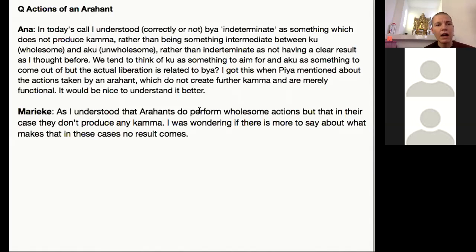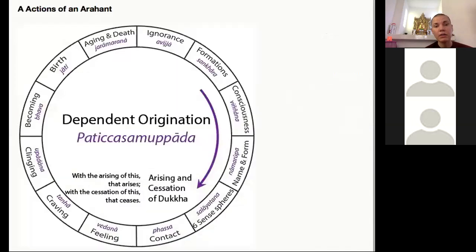So how is it that an arahant does actions but these actions do not get the result? For that, it's really enough to look at the Paticca Samuppada. So you may be familiar with the Paticca Samuppada, no?